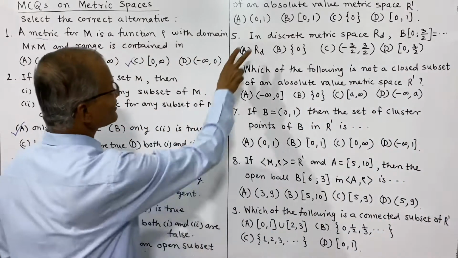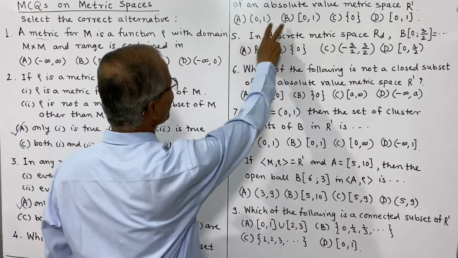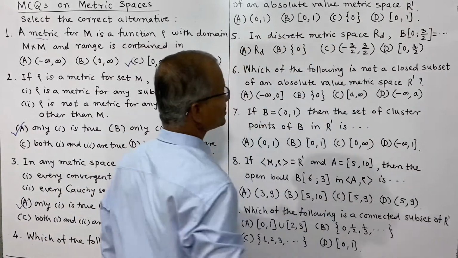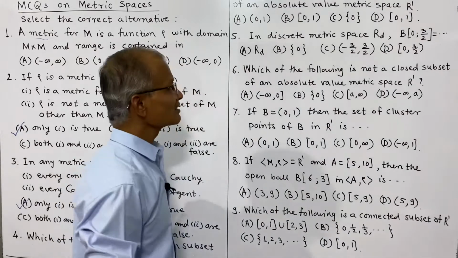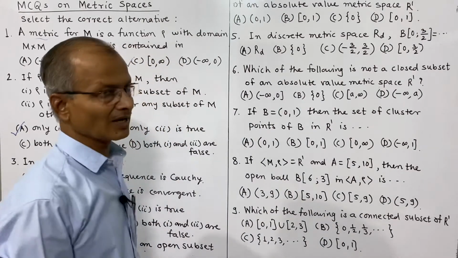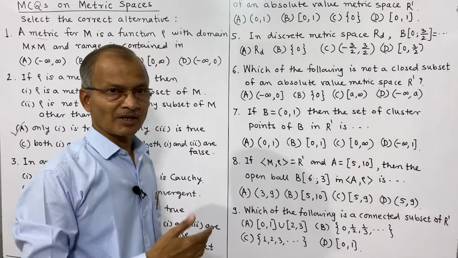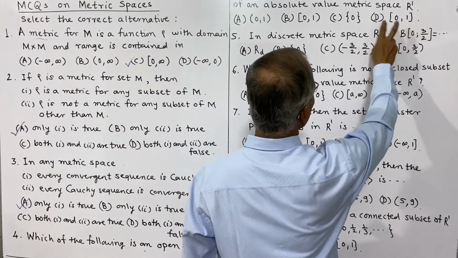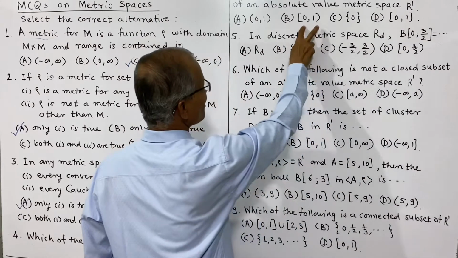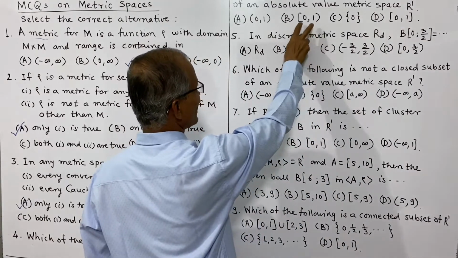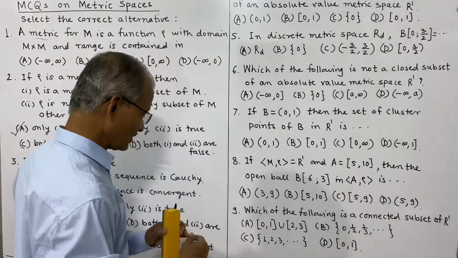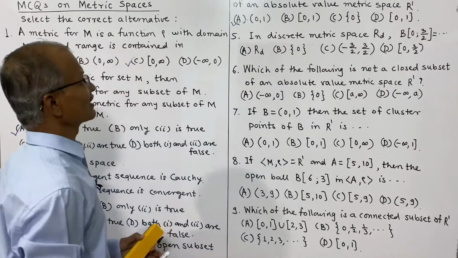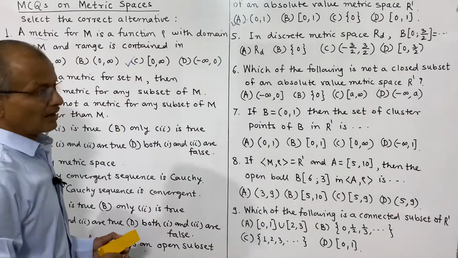See, this is the open interval 0 to 1, this is the half open interval 0 to 1, this is the singleton set 0, and we know that singleton sets are open in RD but not open in R1, and this is a closed set, so these two are not there. This is not open because it is half open, and therefore the alternative will be A only. So this is the correct alternative.